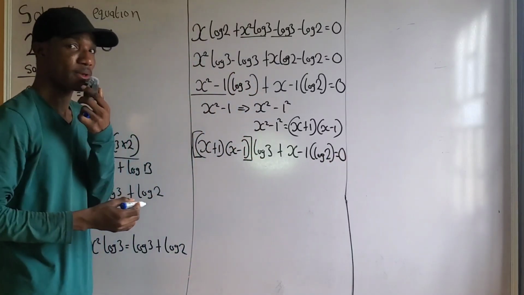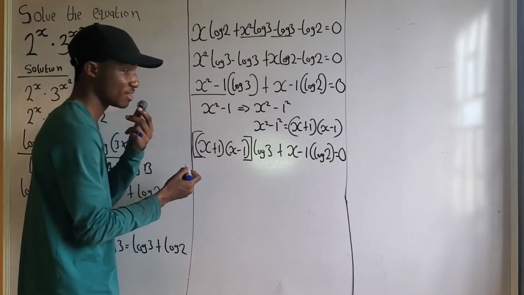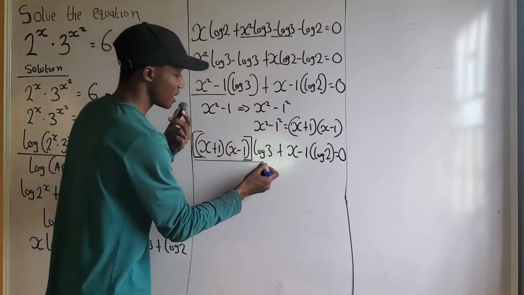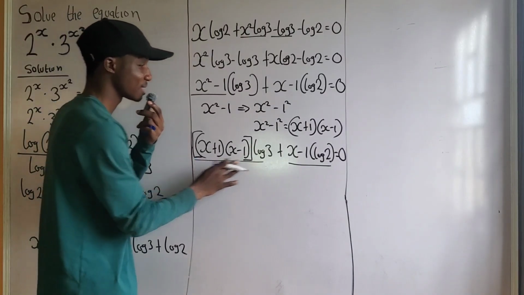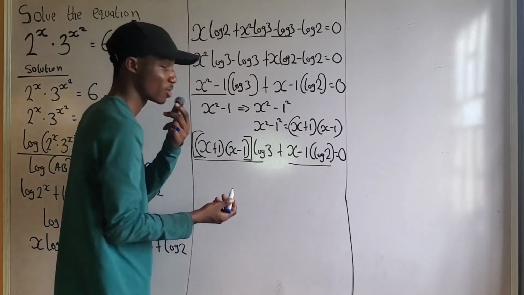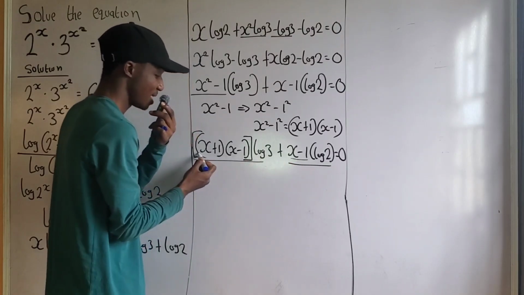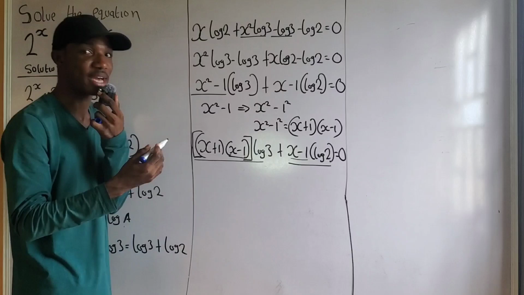Do you understand? Okay. When you get to this point, we have two parts, right? The first part here, the second part here. Now, the question is, what is common to this part and this part? The common term here is x minus 1, because you can find x minus 1 here, x minus 1 is also present here. So I'm going to factorize it out.